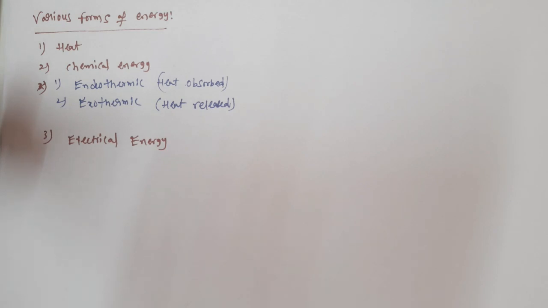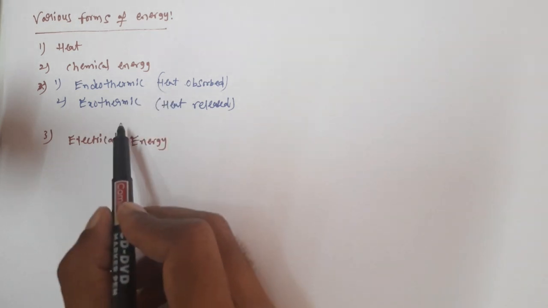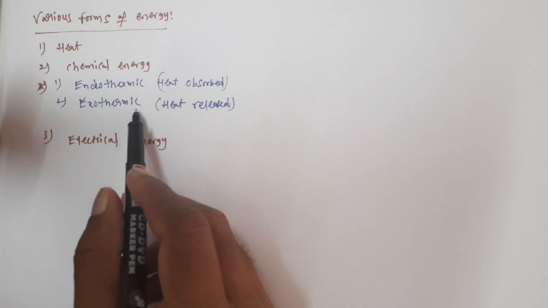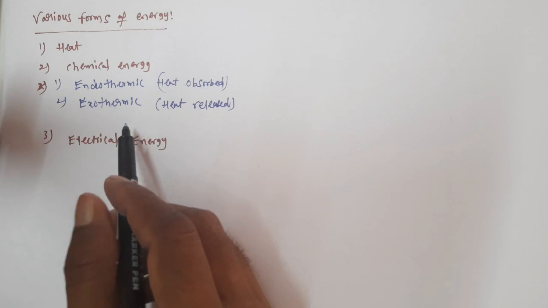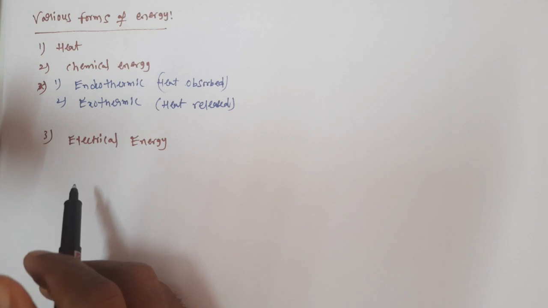Next one, chemical energy. Whenever chemical reactions take place, heat may be absorbed or released. The reactions in which heat is absorbed are called endothermic reactions, and the chemical reactions in which heat is released are called exothermic reactions. So if you want to produce energy, which type of chemical reactions do we need?